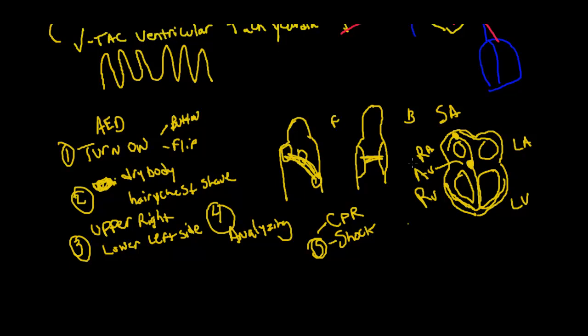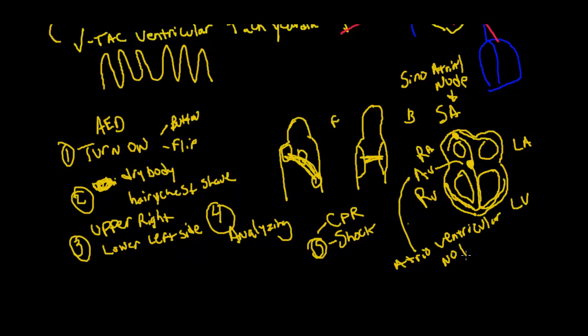So you have this stands for the sinoatrial node, the SA node, and then this one here stands for the, just in case you want to look this up, atrioventricular node.